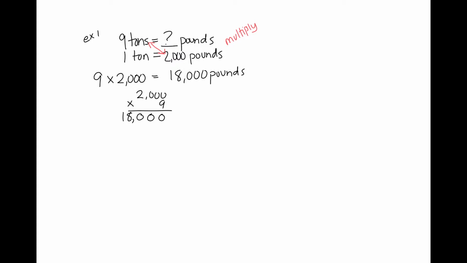So, next problem. Example number 2. I am going to be converting 4 3/10 quarts, and I want to know how many pints it's equal to. So we're converting quarts to pints.